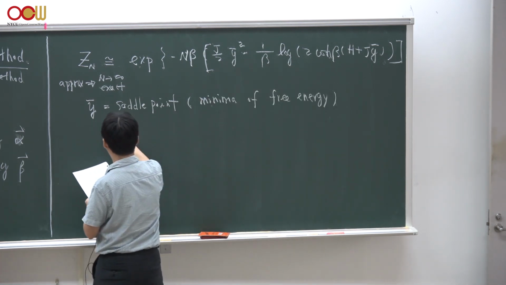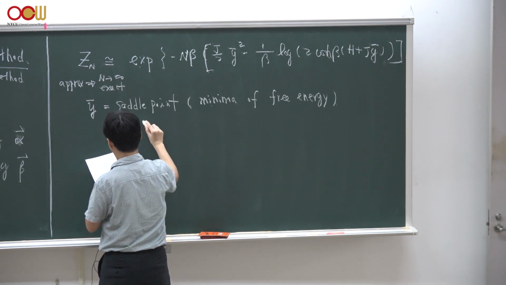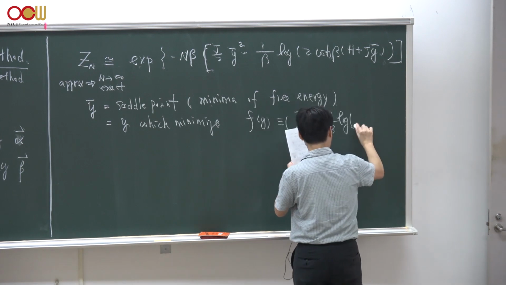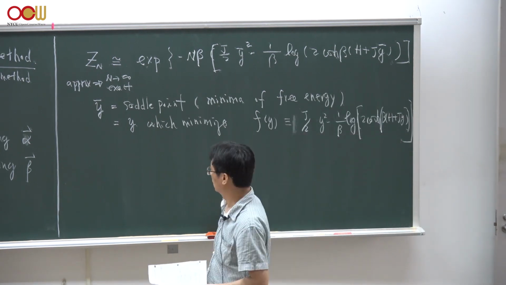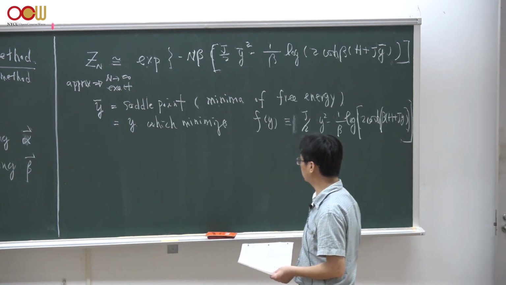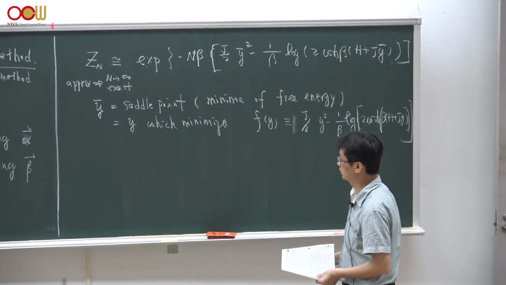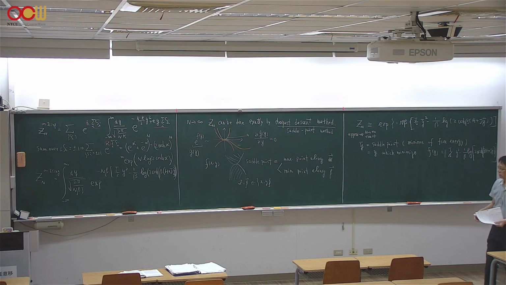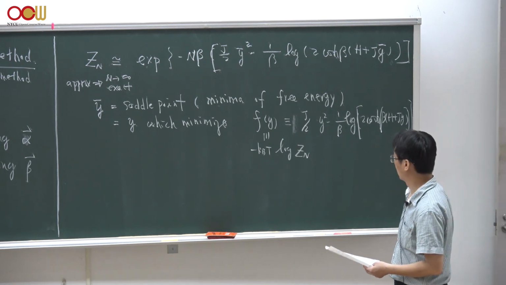This is the variable y which minimizes the free energy, which is defined this way. If there exists such a saddle point or minimum free energy point, then at that point the free energy, which is minus k_B T times log of the partition function, is minimized.